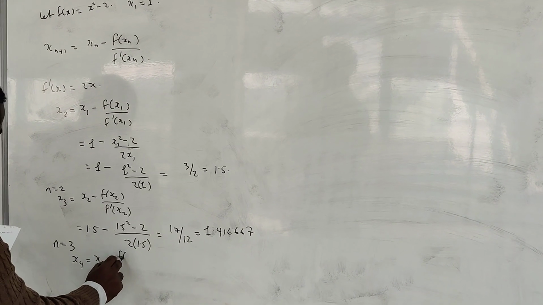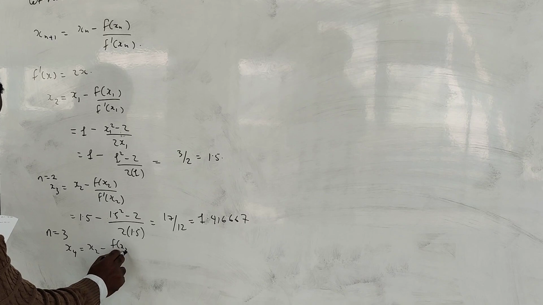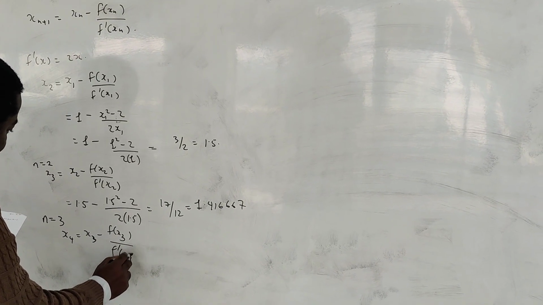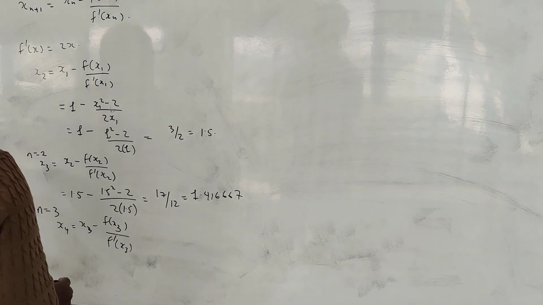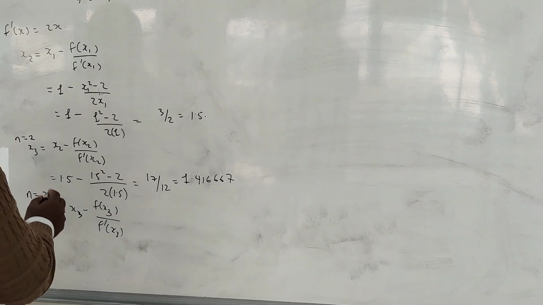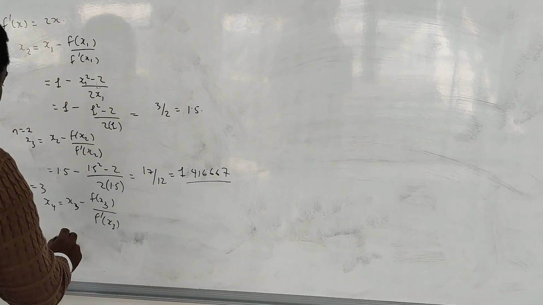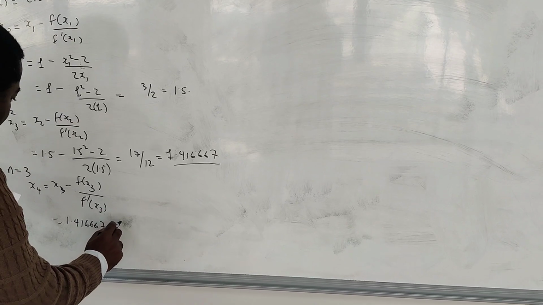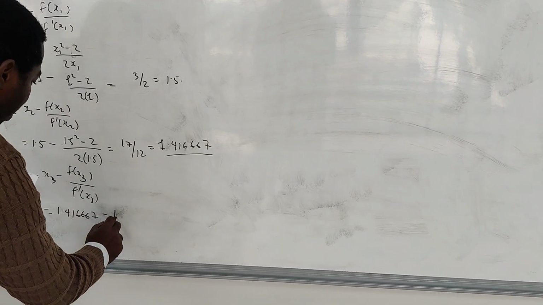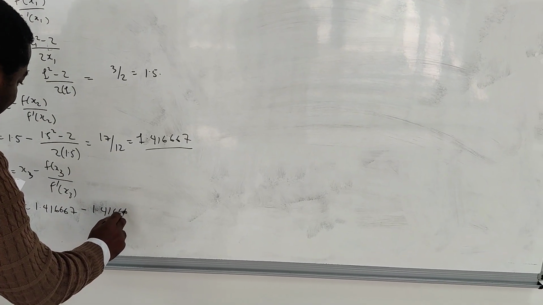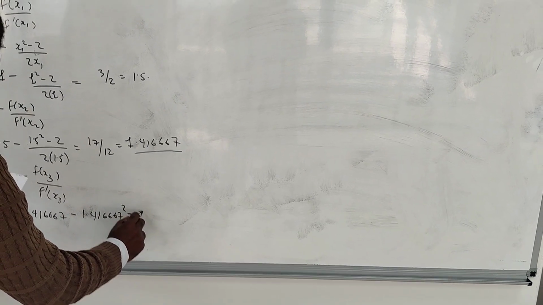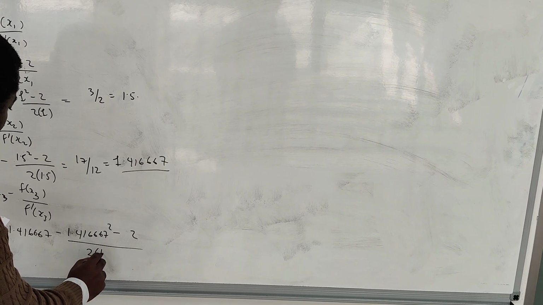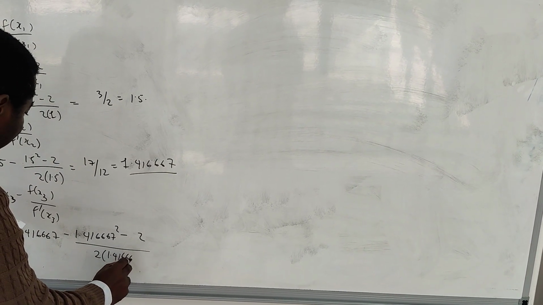Also, to determine our x4, we take n to be 3, and we have x4 equal to x3 minus f of x3 over f prime of x3. From here we can substitute the value, having that our x3 is 1.416667. So we have 1.416667 minus 1.416667 squared minus 2 all over 2 into bracket 1.416667.